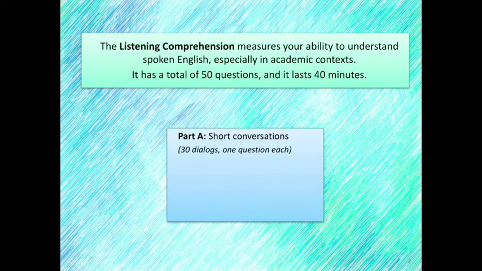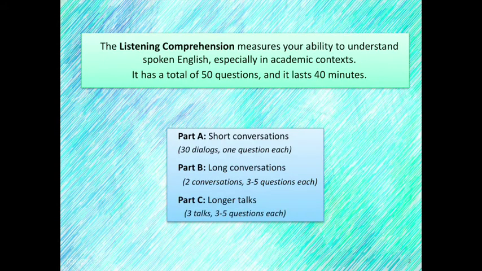There are 30 of these conversations and one question each. Part B has long conversations. There are 2 conversations and 3 to 5 questions for each conversation. Finally, Part C is longer talks. There will be 3 talks and 3 to 5 questions each.